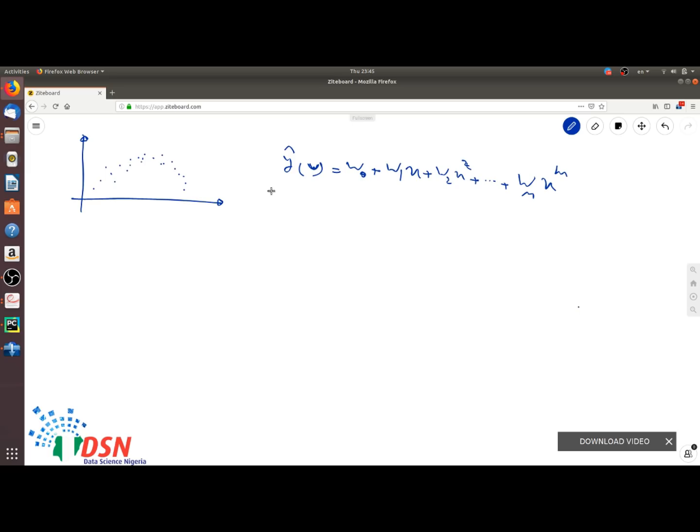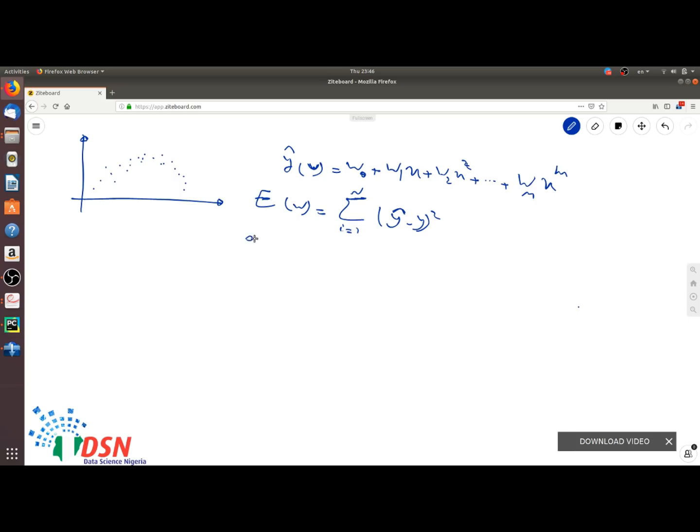And our cost function was the mean square error, or MSE, which was the sum over all data of (y hat minus y) squared, and we wanted to minimize this with regard to w's.